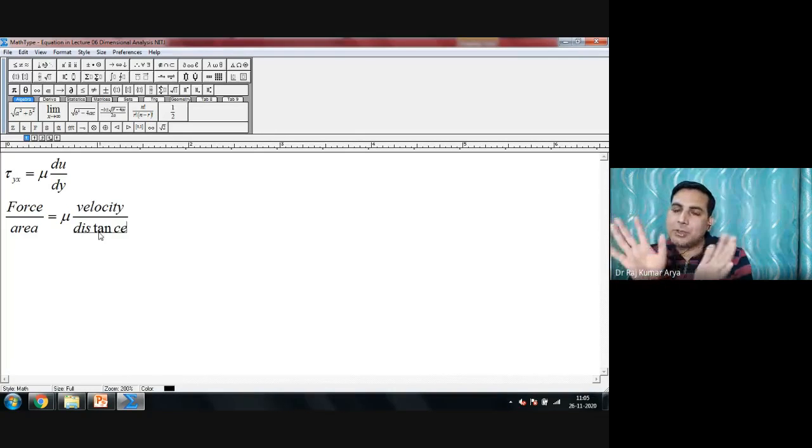I can substitute all of them one by one. What is the dimension of force? Force dimension is M L T minus 2. That is your dimension of force. Area is just L square.